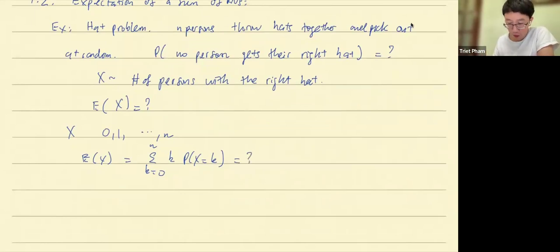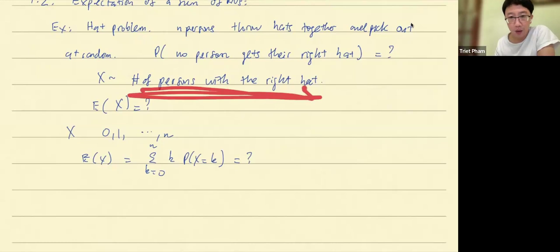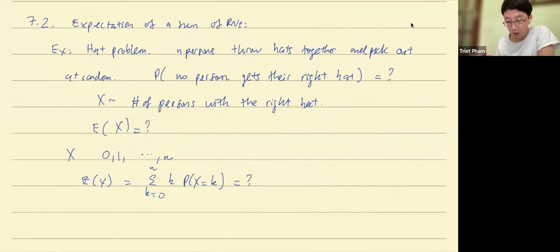So what else can we do, you ask? What we can do is break down a random variable, when it has to do with something like a total, because this is a total number of persons with the right hat, into individual terms as a sum.